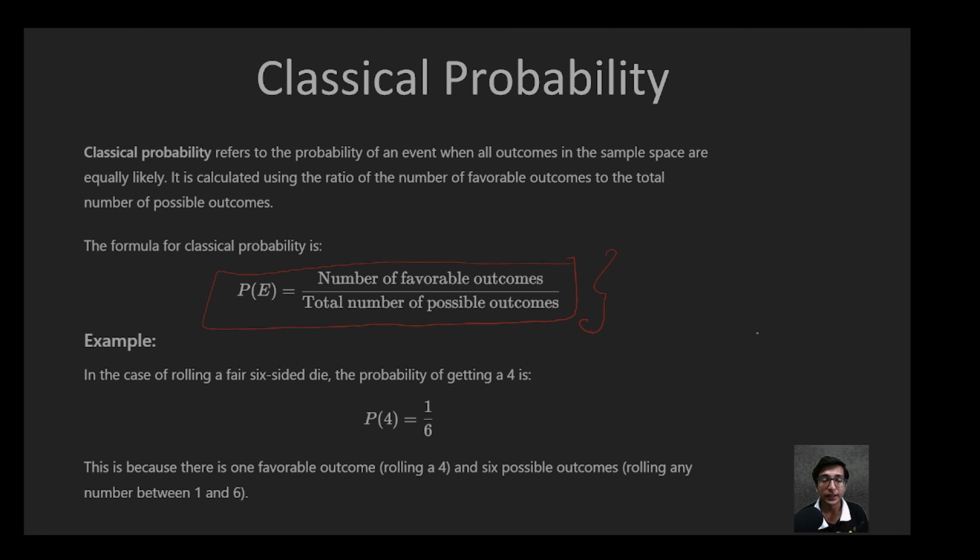If all the outcomes were not equally likely, for example if I choose a biased coin, where the possibilities of the events occurring are not equal, say there is a 60% chance that I will get a head and a 40% chance that I will get tails, then this is not an equally likely event. This is not a classical probability space. At that time we have to use some other formula to calculate our probability. We will look into that in further lectures.